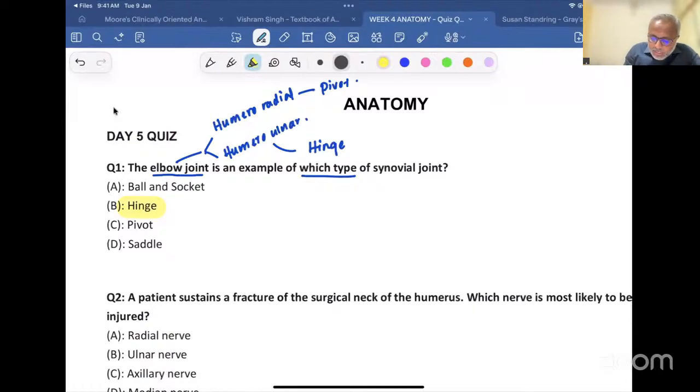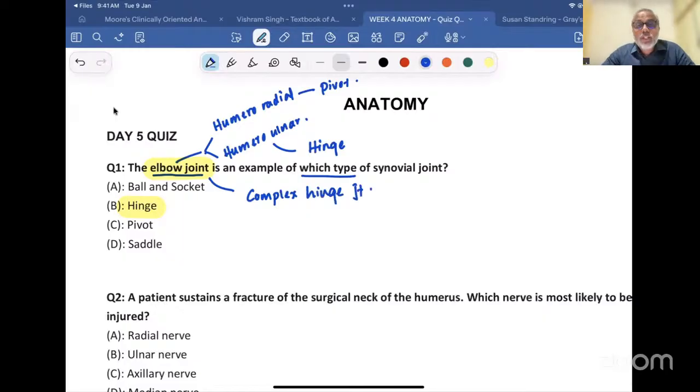So complete definition or complete type, if we call, this is a complex hinge joint, right? So remember, humero-radial articulation is pivot type. Now, this is the actual answer.